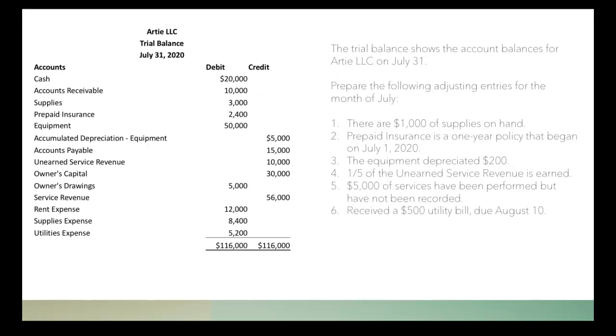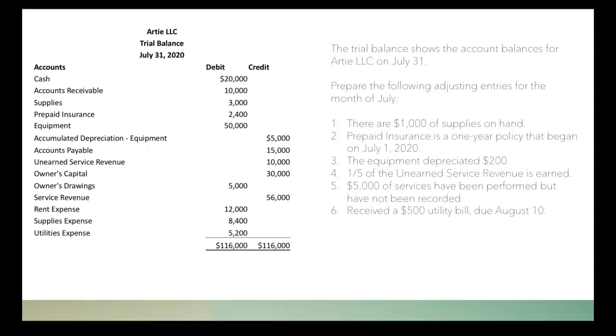We need to prepare an adjusting entry dealing with supplies, right? Because we're told there's $1,000 of supplies on hand. Then we're told that prepaid insurance is a 1-year policy that began on July 1st of 2020.